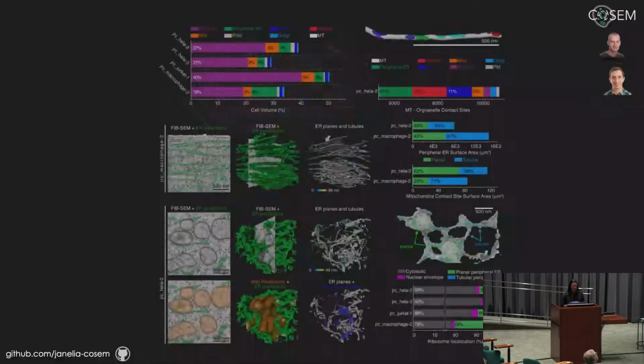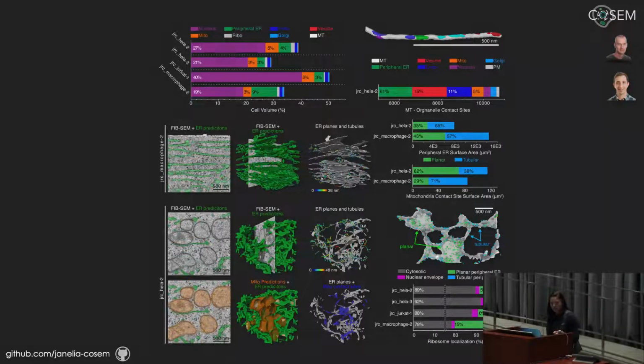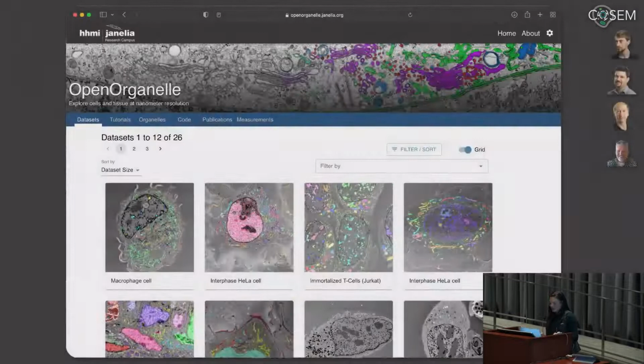We can look at the interaction between different organelles, their morphology at those interaction points. And you can find out more about these types of analyses in our recent publication, or you can explore it on our website.